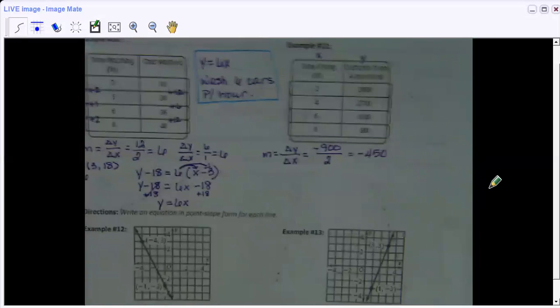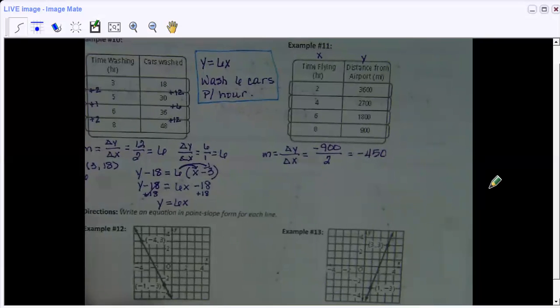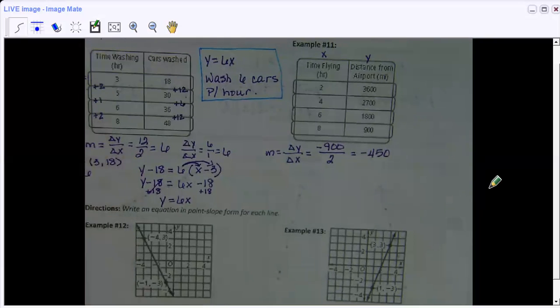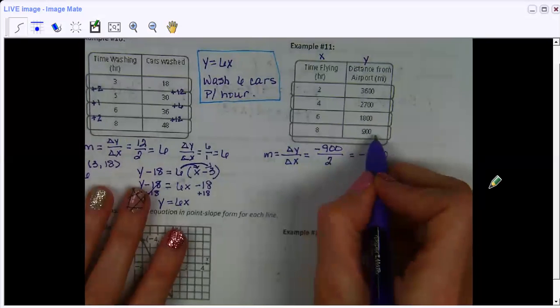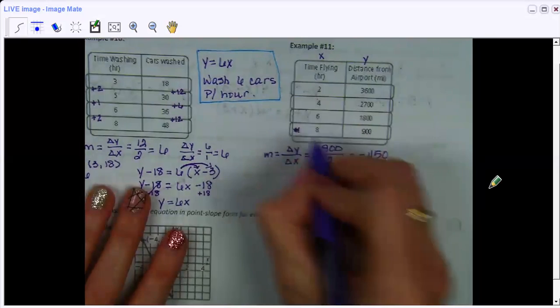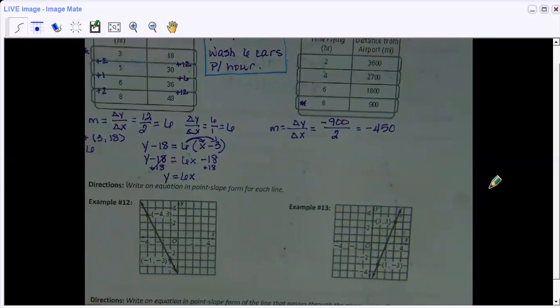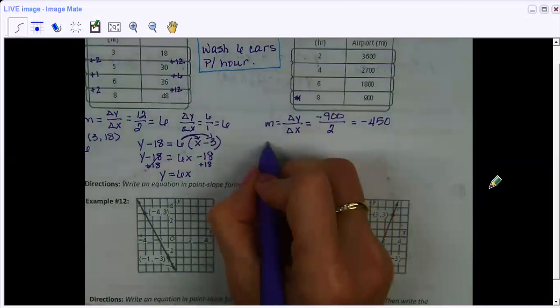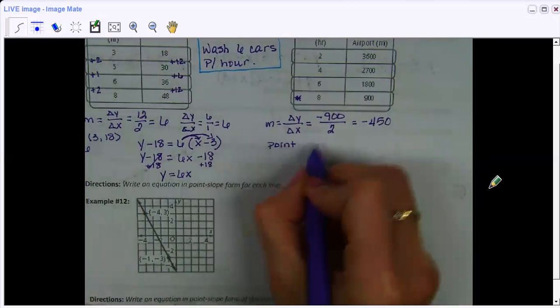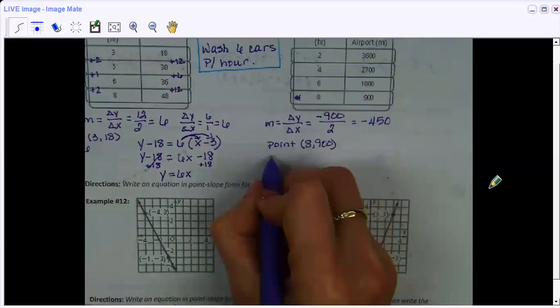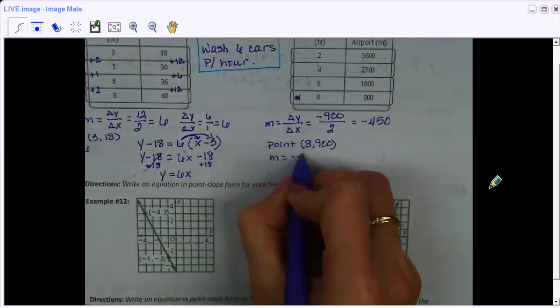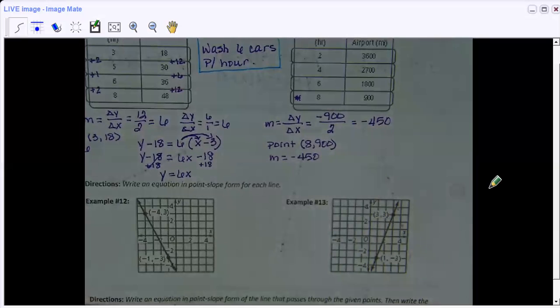What was the next thing I told you guys to do after you find the slope? Choose a point. So I'm going to choose this last one, 8 and 900. I'm going to choose this one right here. And we're going to take the point of 8 and 900 and your slope of negative 450, and we're going to plug it into the point-slope formula.